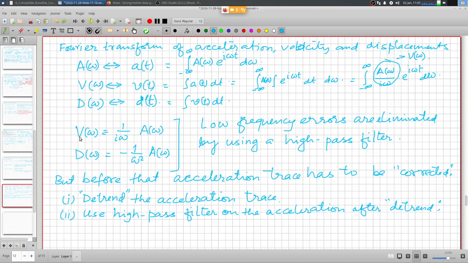That may again lead to a linear trend in the displacement because of the integration. So that initial velocity correction has to be applied after we compute the velocity, and then that velocity has to be used for computing the displacements.